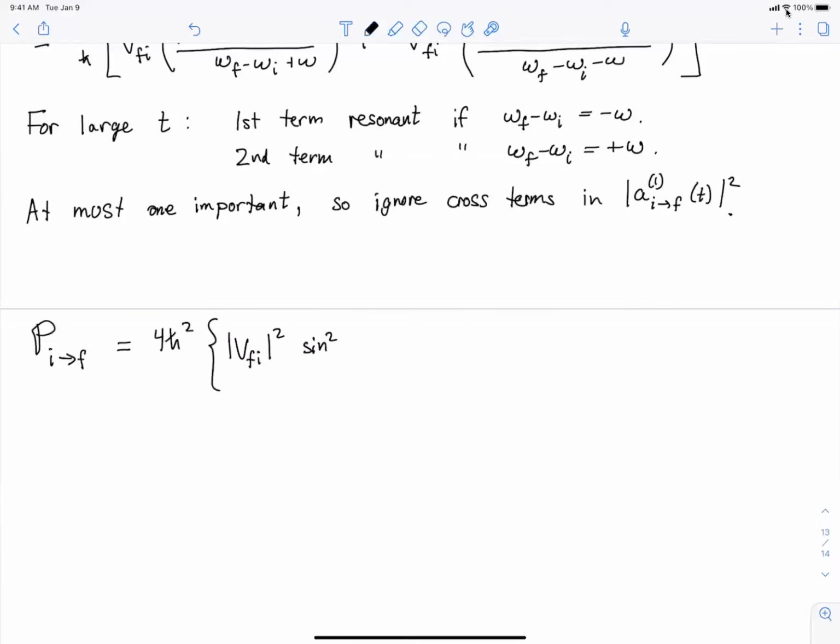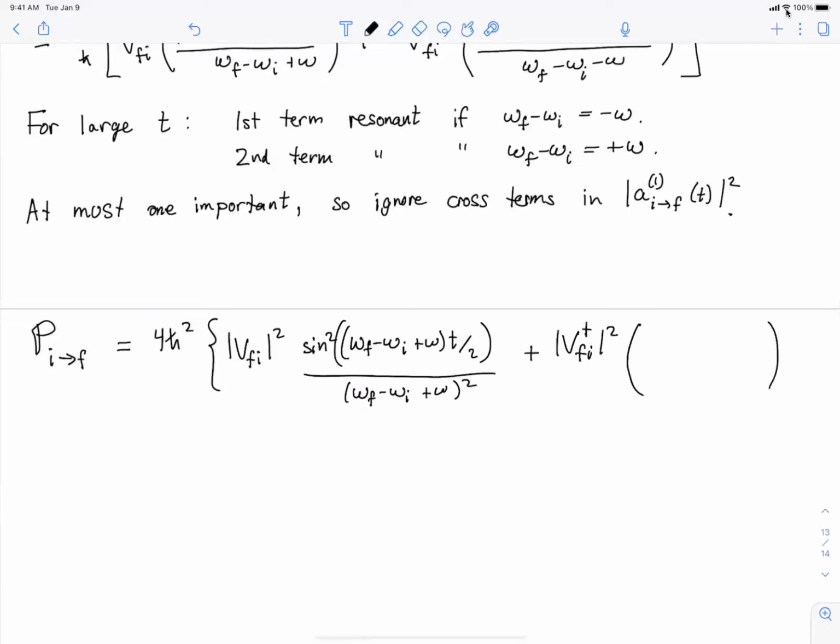And this one has omega F minus omega I plus omega times T over 2. And then the other one, we're just writing all of this out for the record. It's exactly the same thing, so I won't write it again, except that there's a minus sign for the omega. But otherwise, it's the same.